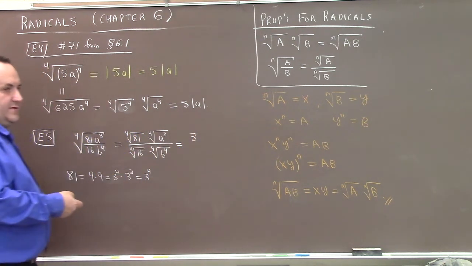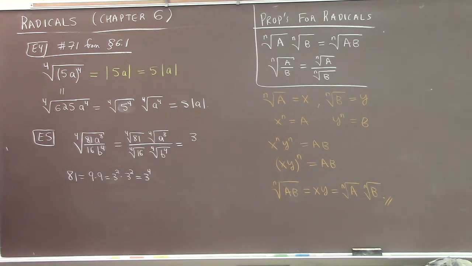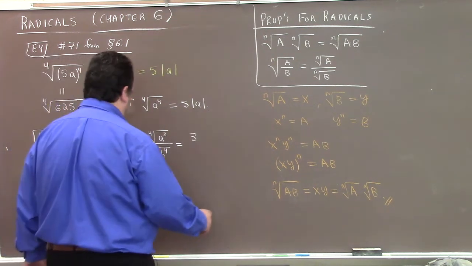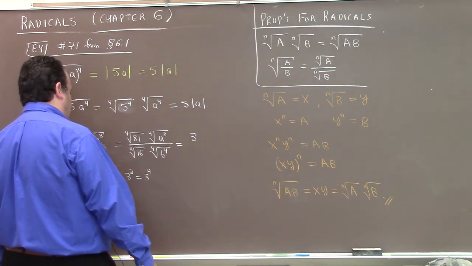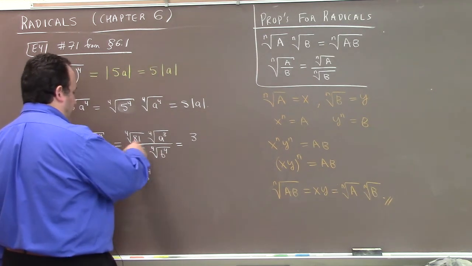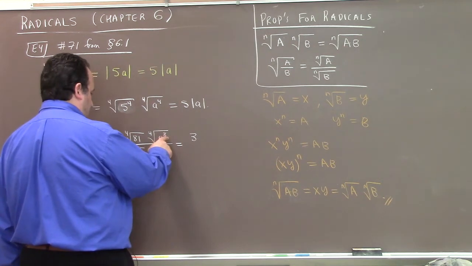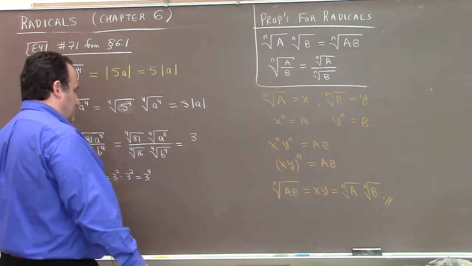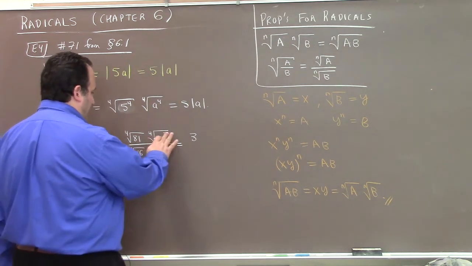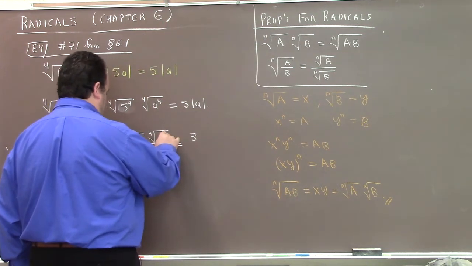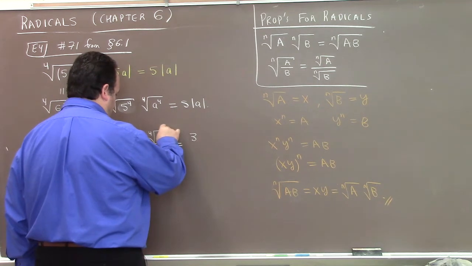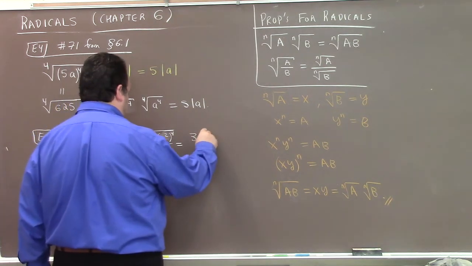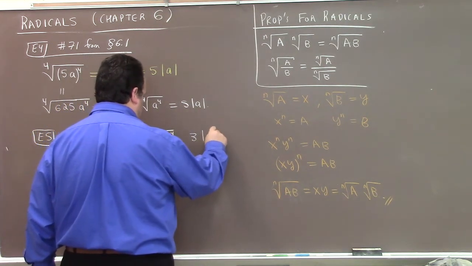And what's the fourth root of a to the 8th? I guess I should have written that a to the 8th is like a squared to the fourth. Yeah, we could do that. A squared to the fourth. So then that would give me 3 times the absolute value of a squared, right?